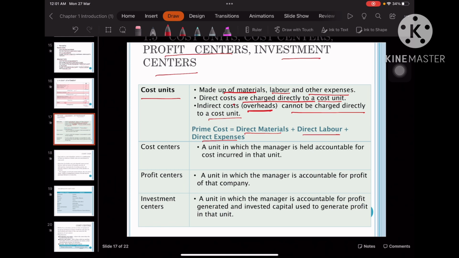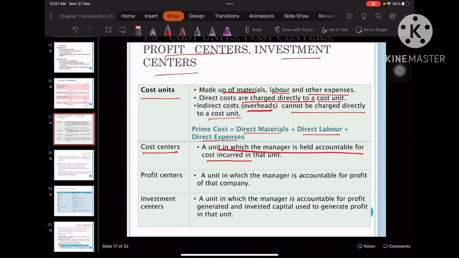Alright, so this is the cost center. A cost center is a unit where the manager is accountable for the cost incurred in that unit. It depends on the situation. For example, in universities, the cost may be centered according to the faculties, or in a factory according to their departments.